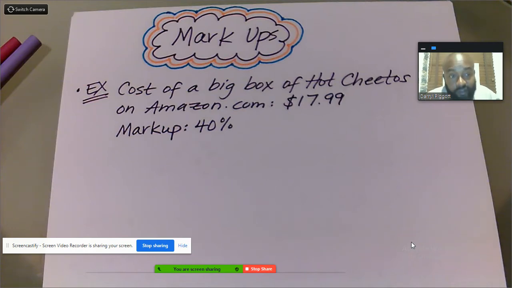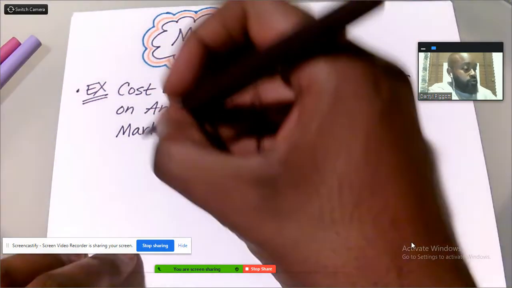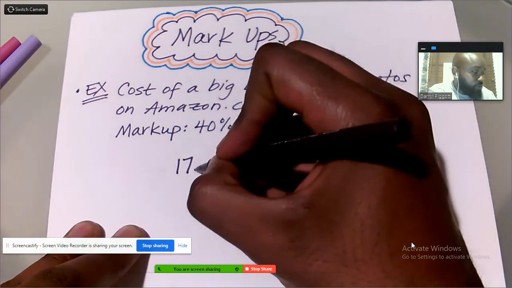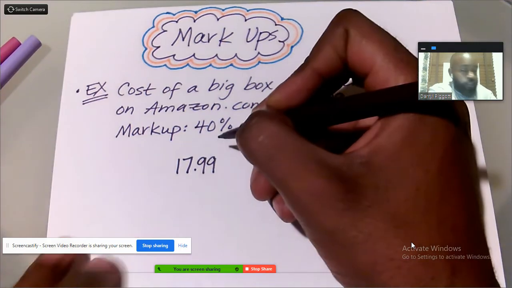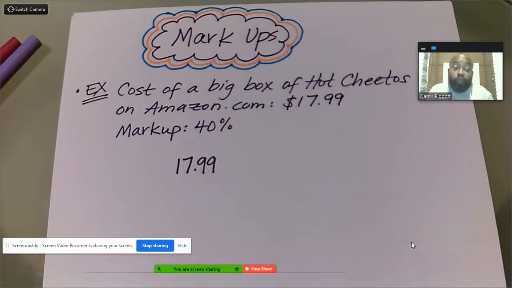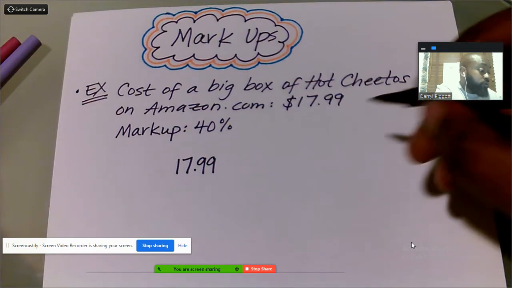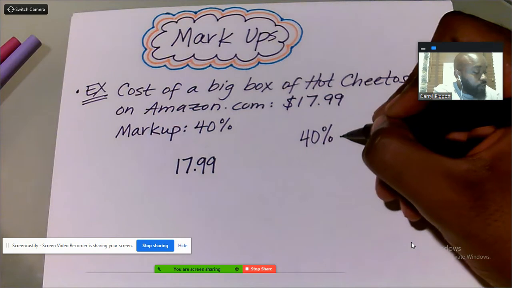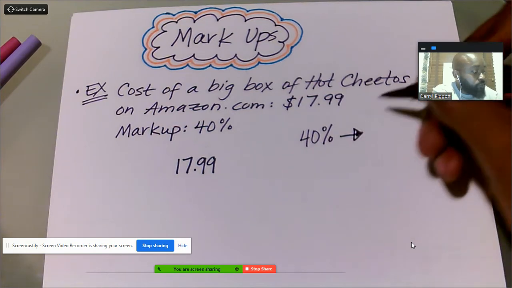Well, luckily, we're just figuring out a percentage. That part is easy enough. The real key is knowing what to do once you find that percentage. So the first thing we're going to do is figure out what's 40% of this price. If I want to figure out what's 40% of $17.99, all I have to do is take that 40% and convert it to a decimal.